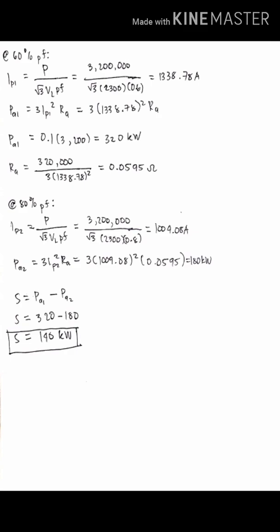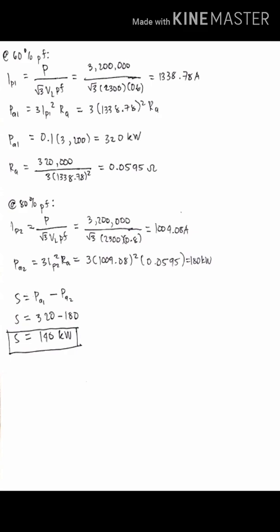Next is at 80% power factor. First we find IP2, which is equal to P over square root of 3 times load voltage times power factor. The only difference is the power factor, which is 0.8 since it is 80%. So IP2 equals 1,004.08 amperes. Then find PA2, equal to 3 times IP2 squared times RA.